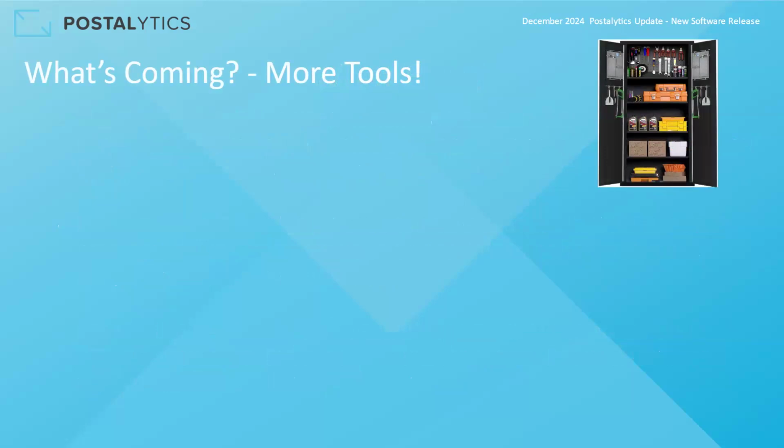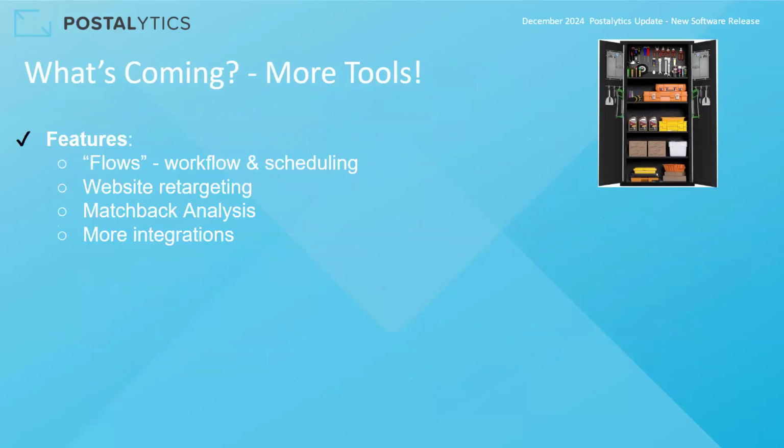So let's talk about what's coming up from a product roadmap standpoint. We've got a few different categories of things that we focus on. First, we'll talk about features.